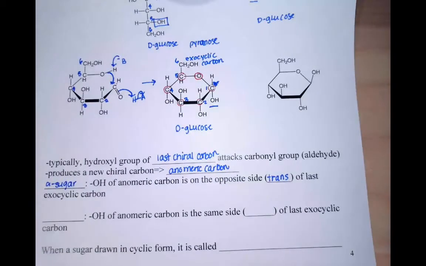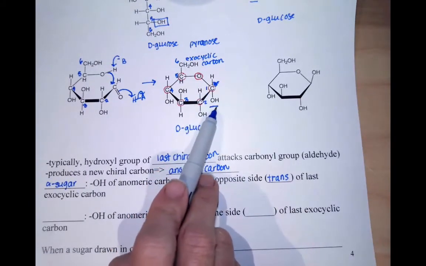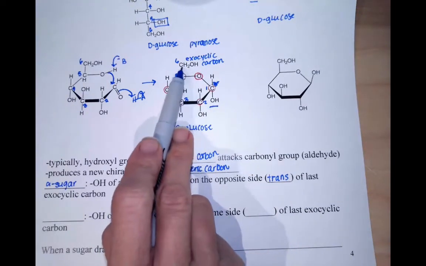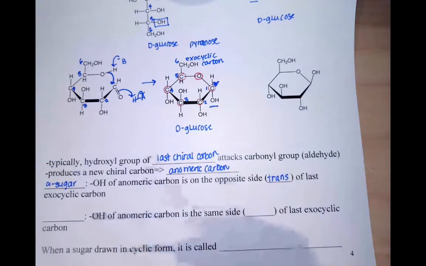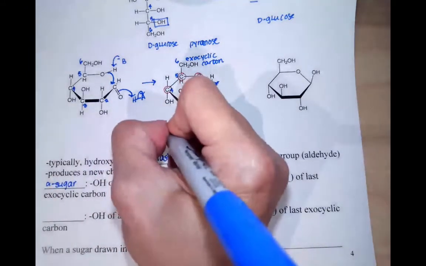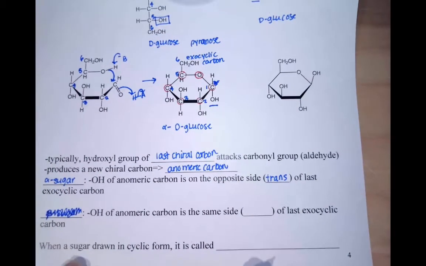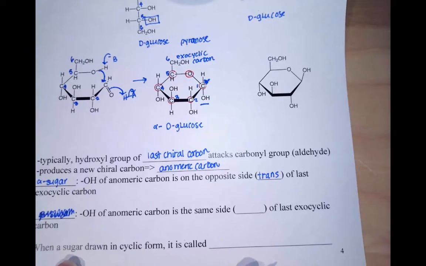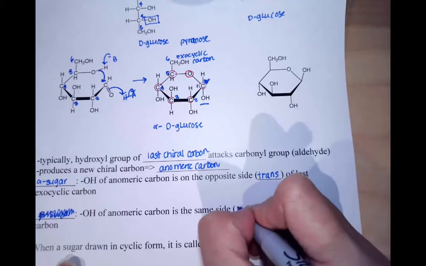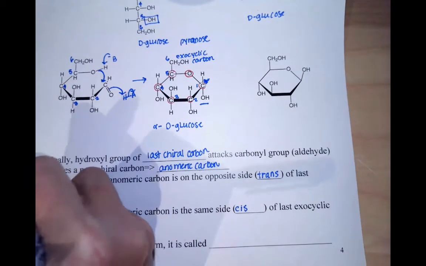So as you can see here, this hydroxyl group that's attached to the anomeric carbon, it is on the opposite side of the exocyclic carbon. So this is actually an alpha sugar. So it's alpha D-glucose. If, on the other hand, the hydroxyl group on the anomeric carbon is on the same side, that is cis in configuration of the last exocyclic carbon, then we call this a beta sugar.